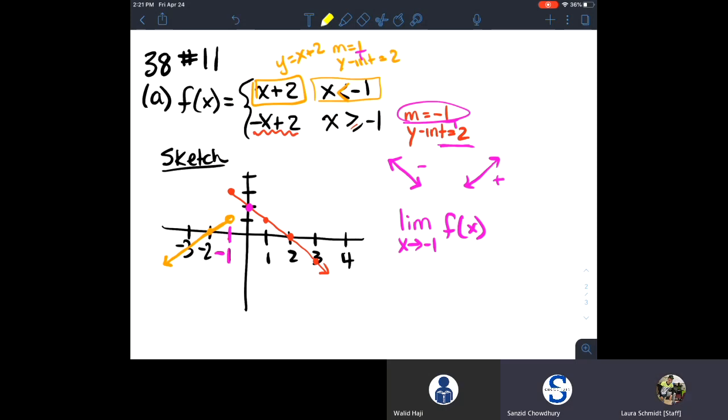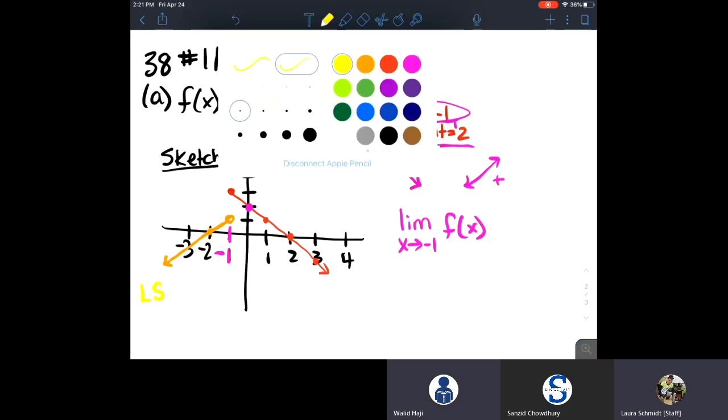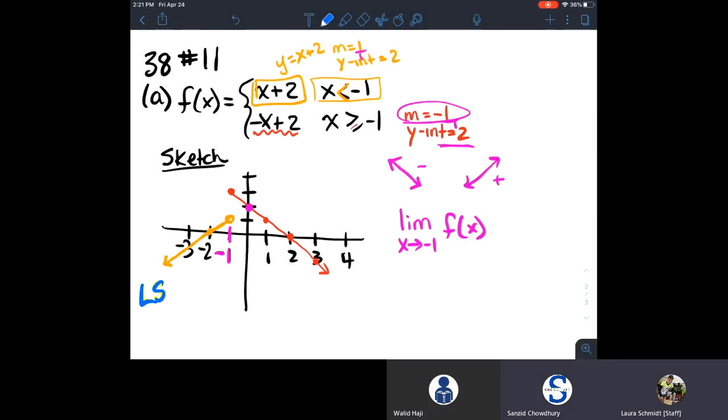So as you approach from the left side, asking what happens when I get close to negative 1, this graph seems to approach 1 on the y-axis. But if you approach from the right side, it approaches 3. So the left-hand limit is equal to 1 and the right-hand limit is equal to 3.